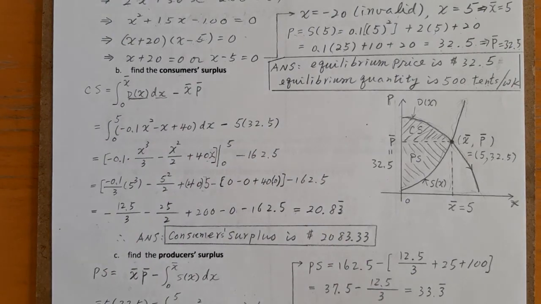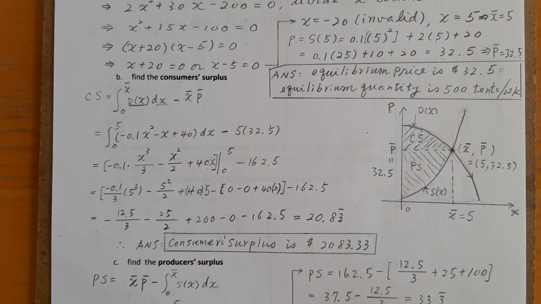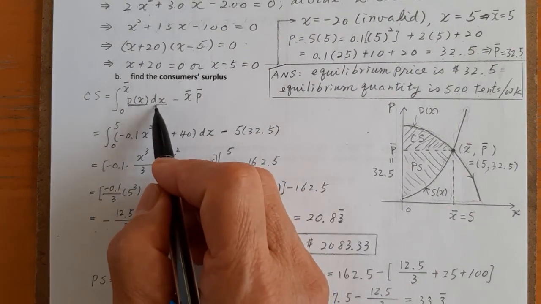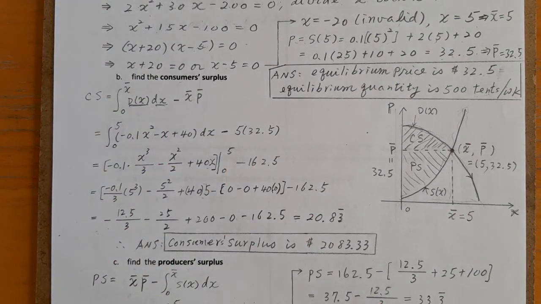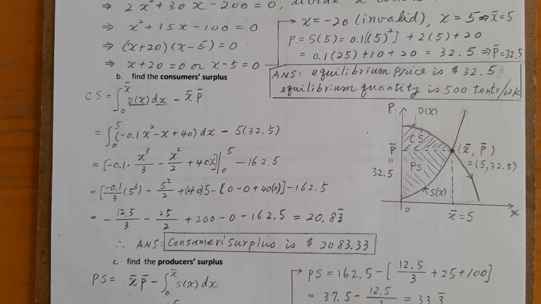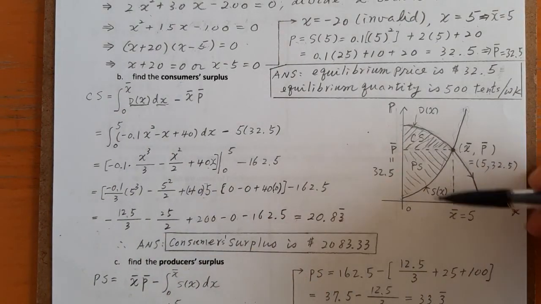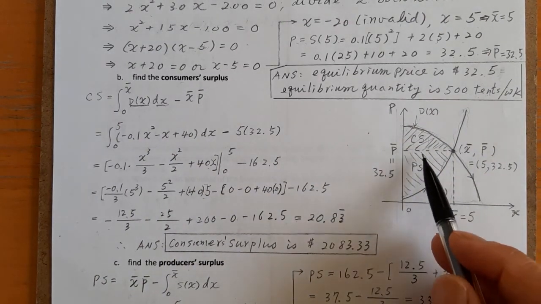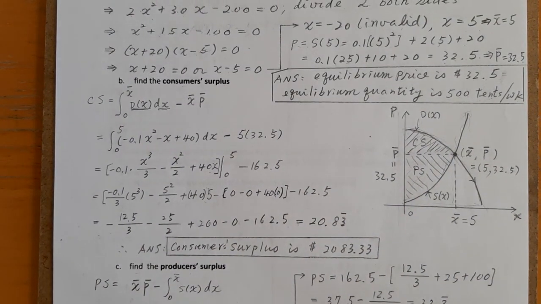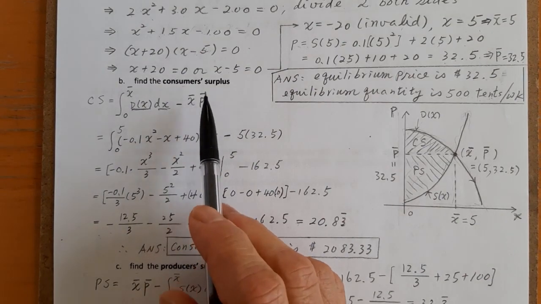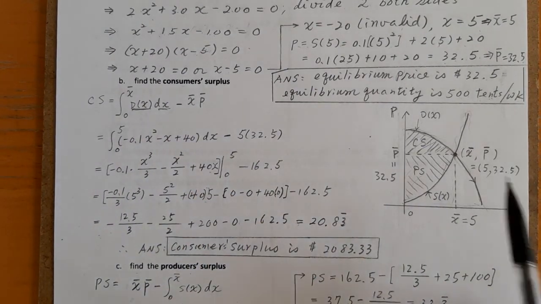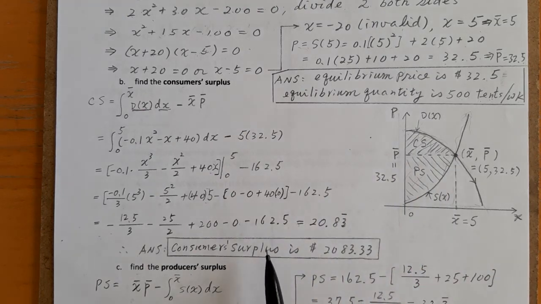The unit price is so much, times how many dx, how many units, and that's the total in dollars. And then go from 0 to x bar. That's the consumer side, and minus the market, which is x bar times p bar, and that's the consumer surplus.